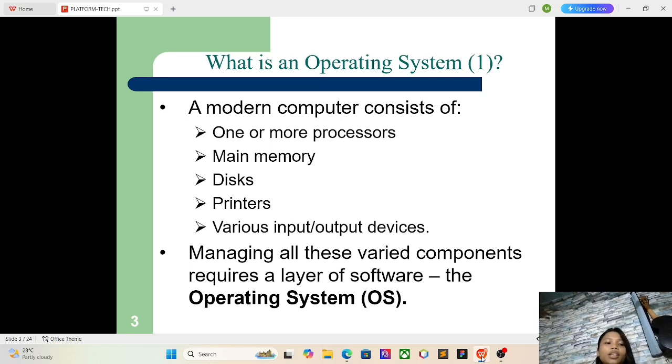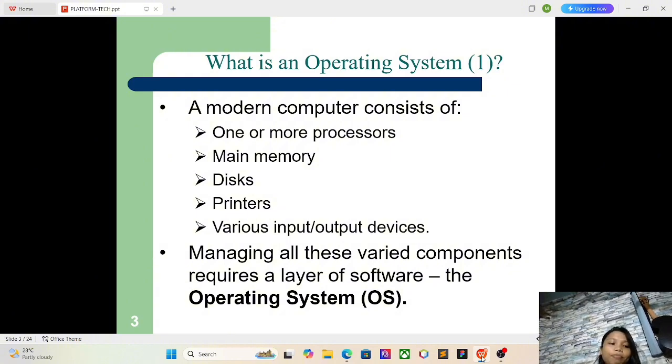An operating system is a software layer that manages hardware and software resources on a computer device. A modern computer consists of one or more processors, main memory, disk, printers, and various inputs and outputs. Managing all these varied components requires a layer of software, the operating system.